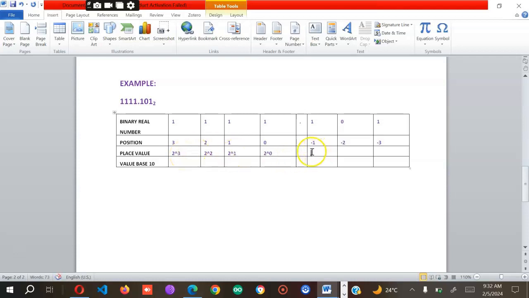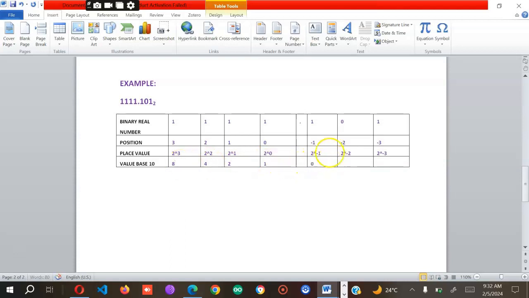And on the other side, we have 2 raised to power negative 1, 2 raised to power negative 2, 2 raised to power negative 3. This is supposed to give us 1, this is supposed to give us 2, this is supposed to give us 4, and lastly, this one is supposed to give us 8.